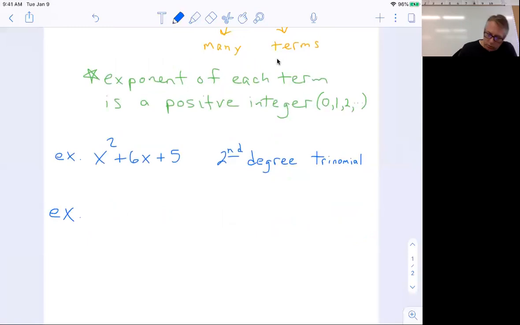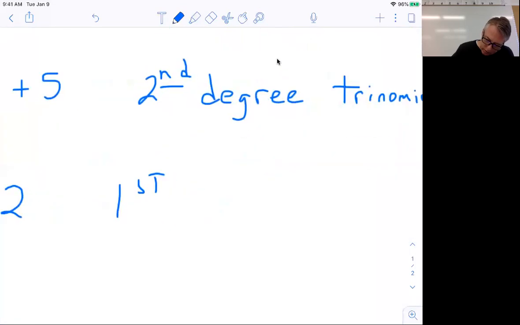Okay, let's start with another one. If we had 4x plus 2, that is a first degree binomial. First degree because x to the first power is the highest exponent.